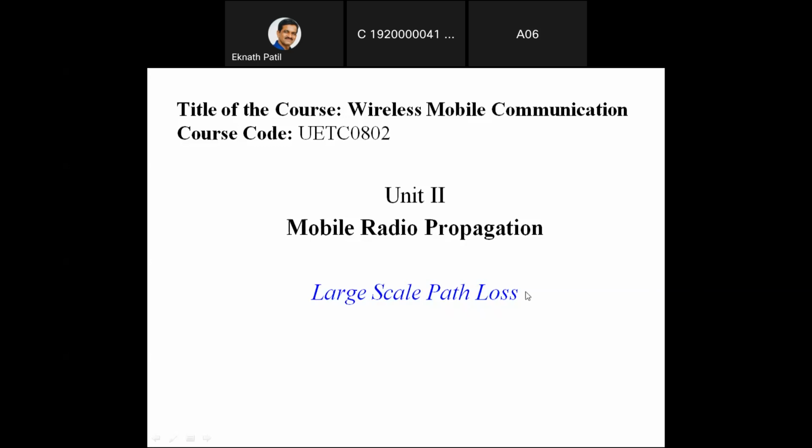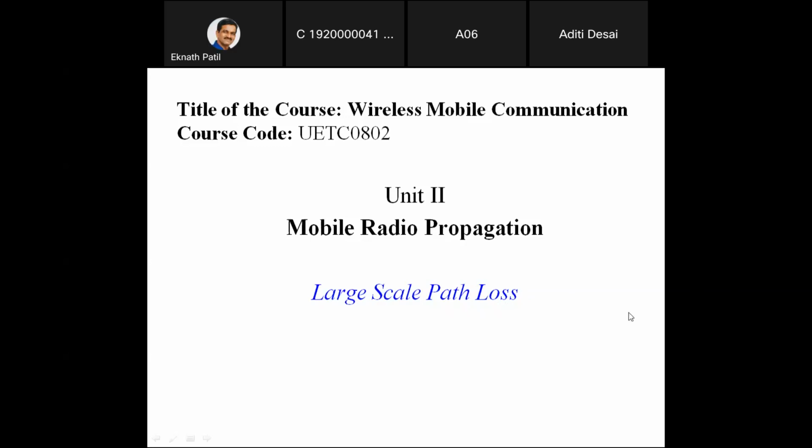We'll start with the mobile radio propagation. We have started that, and many more things we have completed. In the case of large scale path loss, what we have to find out first is the loss in the transmitted signal at the received side.